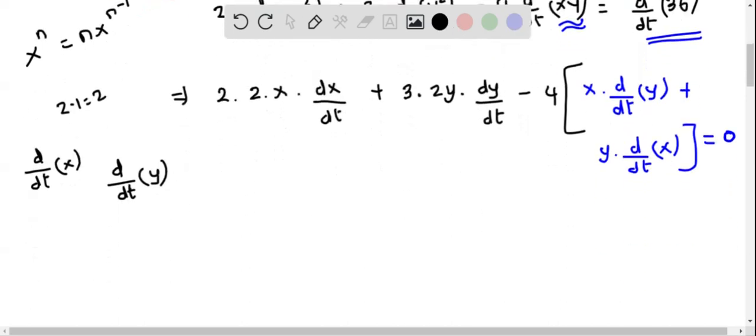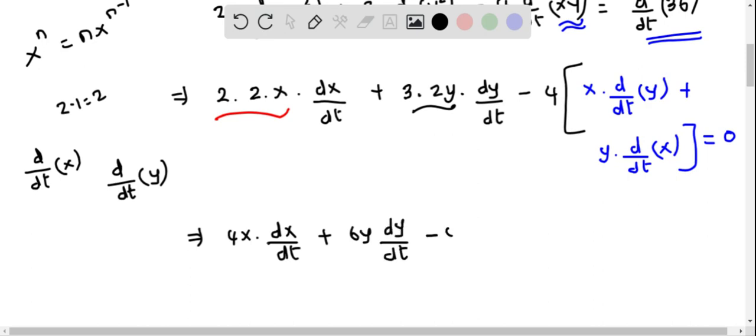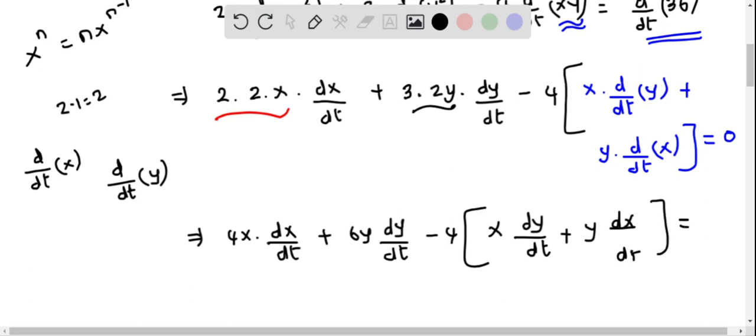So we are getting this. Now let's simplify. The first term is 2 times 2x, which is 4x, so we have 4x dx over dt, plus 3 times 2y is 6y dy by dt, minus 4 times, which you can write as x times dy by dt plus y times dx by dt, in brackets, equals 0.